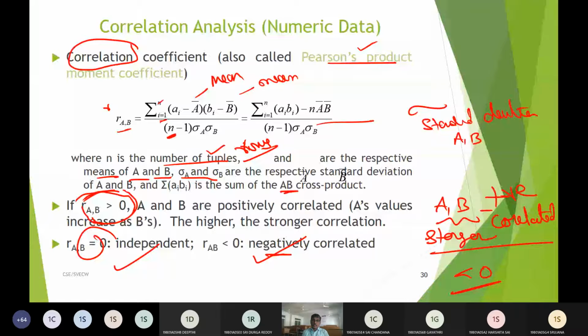Similarly, for B we find the standard deviation, and then we start correlation. How are we going to do correlation? That is, we take the R value between A comma B and then we move further.